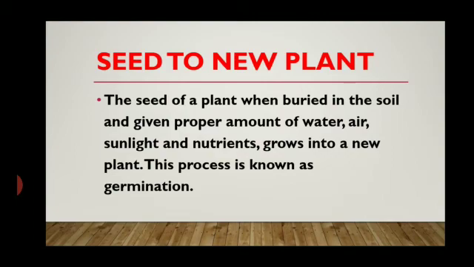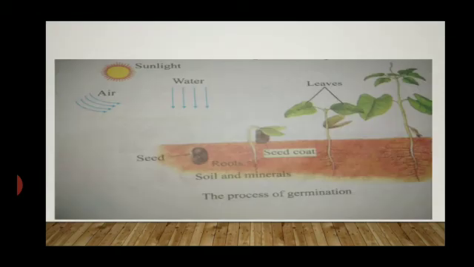With the help of that, slowly seeds grow into plants, and when the plant slowly grows, it leaves a part of the seed and can stand independently, and after that it becomes stronger and leaves and other parts grow.